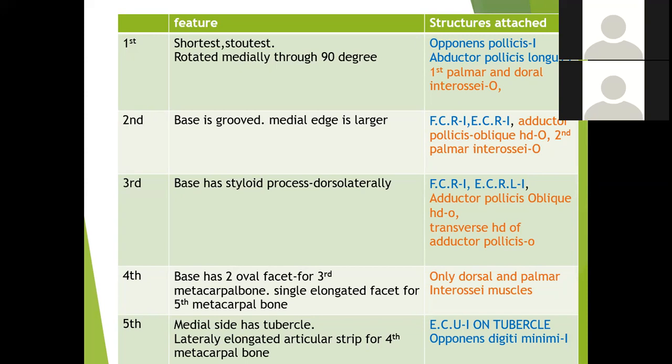Next, the third metacarpal bone. The base has a styloid process, so it is very easy to identify the third metacarpal bone. It has a styloid process present dorsolaterally. Next is the fourth metacarpal bone.